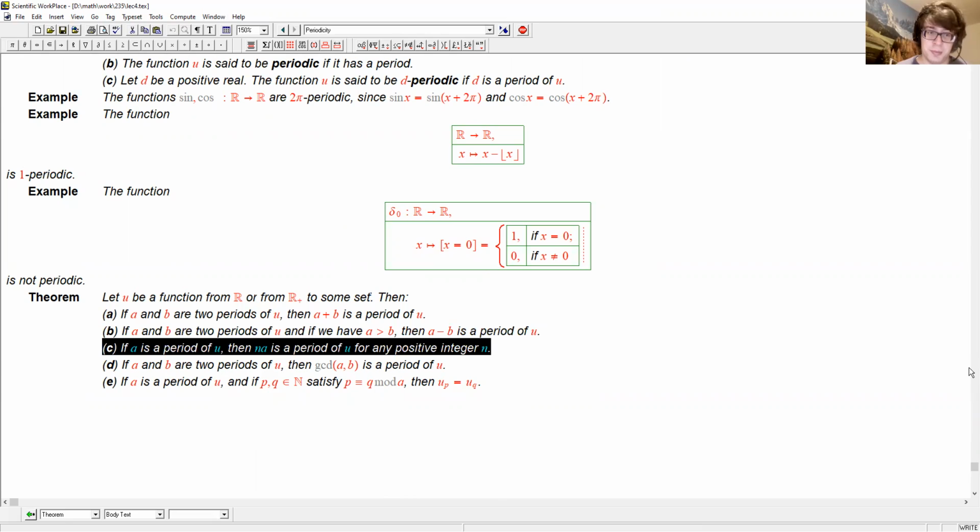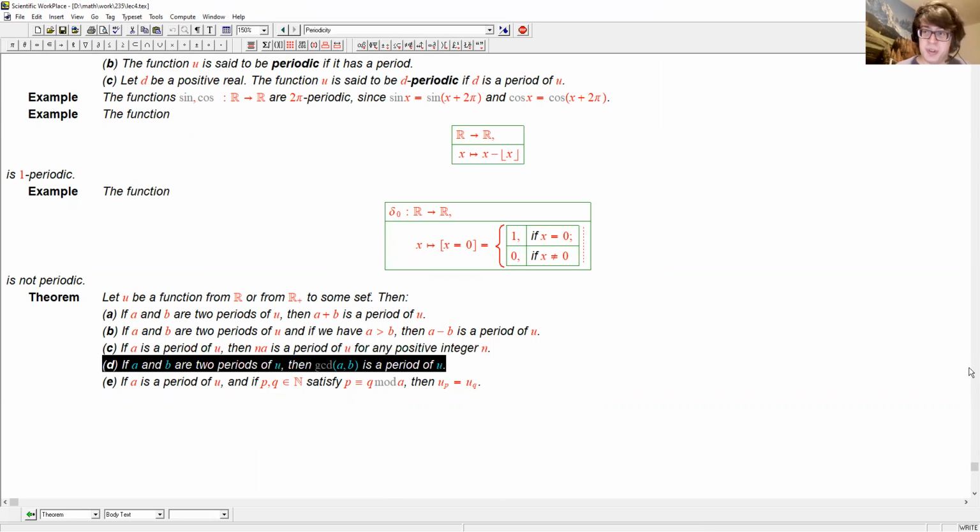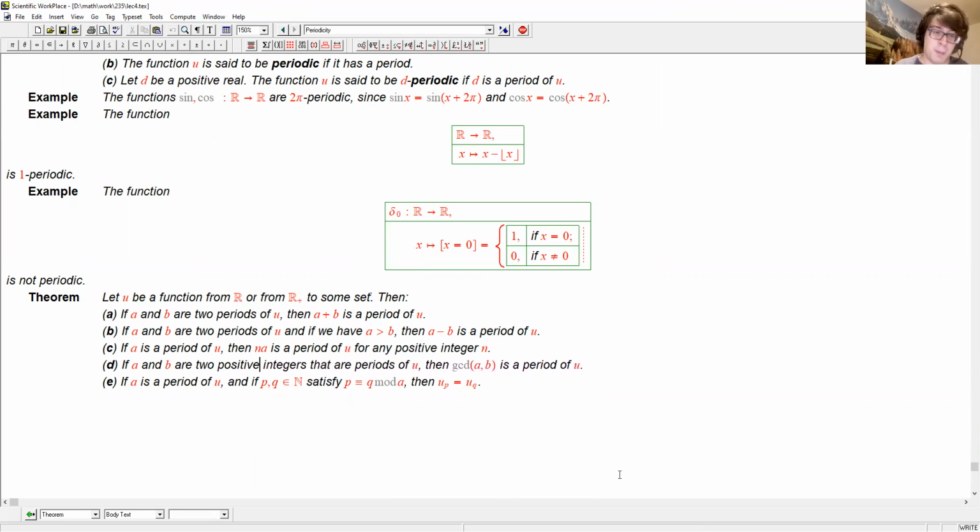This gets broken a little bit, because what is the GCD of 2 real numbers? But we can salvage it if we just restrict ourselves to integers. If A and B are 2 integers, or positive integers, that are periods of U, then GCD of A, B is a period of U. Still true, for the same reason.